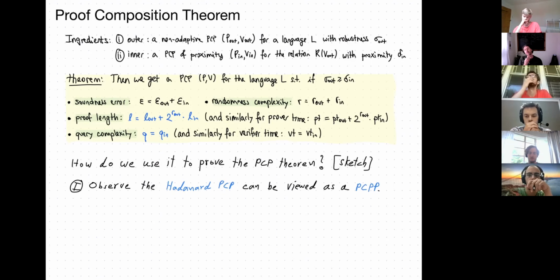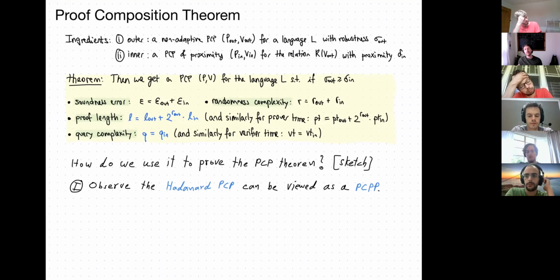But now think about the Hadamard PCP as a proof of proximity for a different problem. In that problem, the assignment is the input, and the rest of the PCP oracle, the encoding of the low degree extension of the quadratic terms and the other terms, is the additional proof. If the problem we want to check is not a satisfiability problem, but rather just testing whether an assignment is valid or not, then this is exactly what the Hadamard PCP is doing.